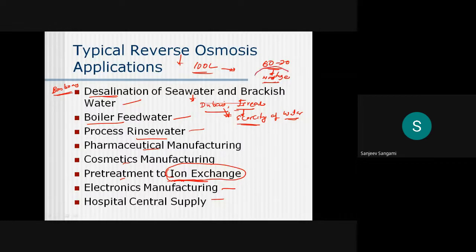That is one major drawback, and still much progress is going on to reduce the waste of water during the filtration process. If you are supplied with 100 liters, you will get only 30 liters of drinking water. The remaining will be wastage.